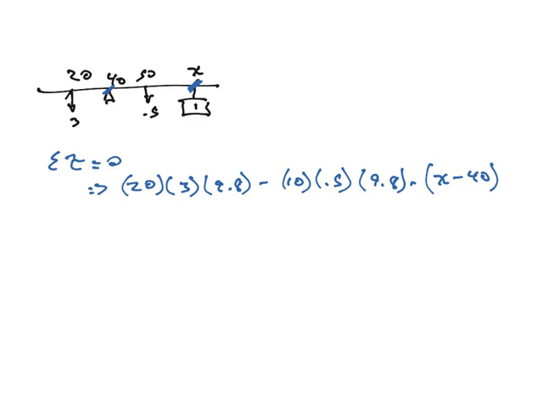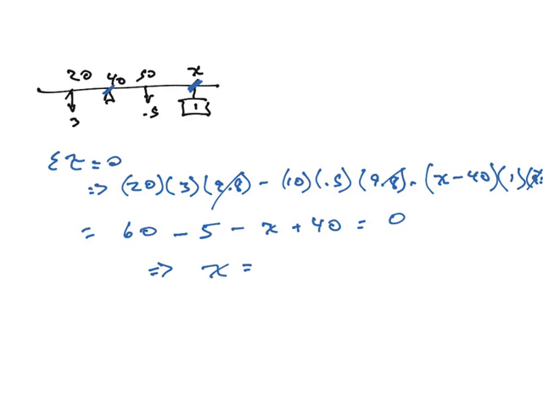That's the distance times 1 times 9.8. Okay, again, 9.8's cancel, and I get 60 minus 5 minus, now we got to work this out a little bit, x plus 40 equals 0.